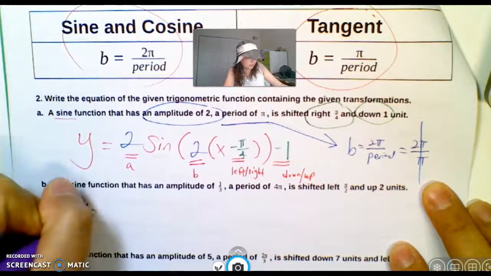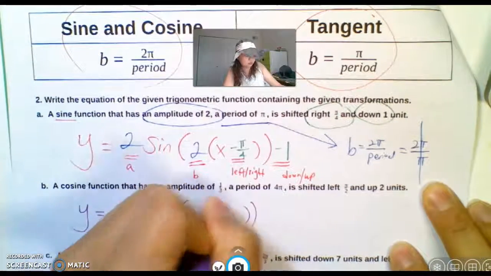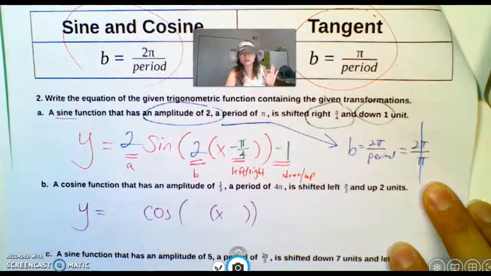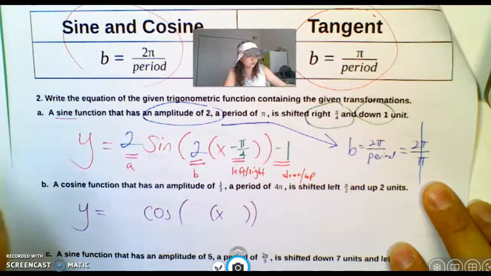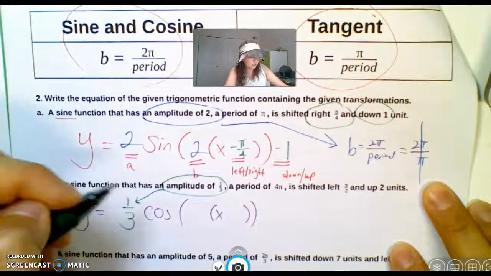So same thing. Y equals cosine, open, open, x, close, close. That should be just the basic form. Cosine of double parentheses with x there. Has an amplitude of 1/3. So that goes right there, 1/3.